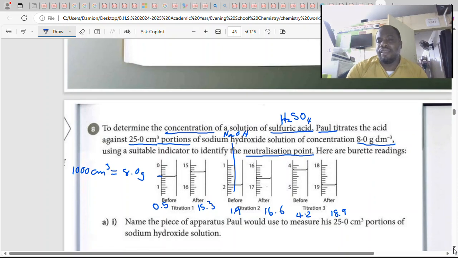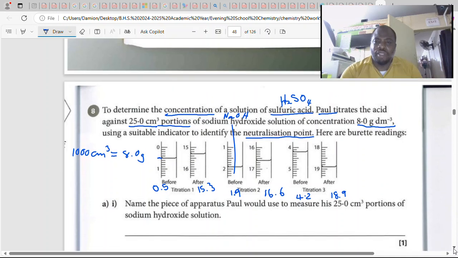You can either work out the moles per dm cube, and then you find out how much is in the 25 centimeter cube, or you can use this 8.0 grams per dm cube and find out how many grams are in the 25, and then you convert that to moles.